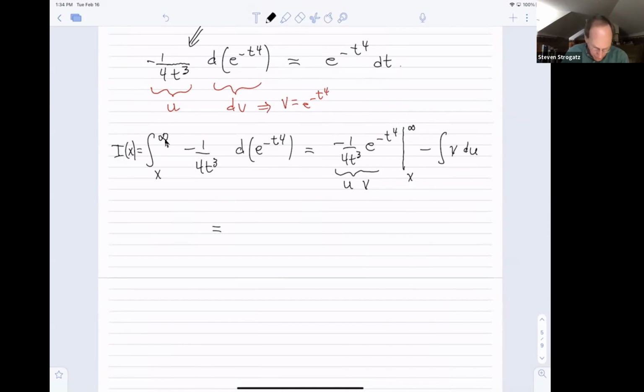And so we're just left with a term 1 over 4x cubed e to the minus x to the fourth. So that's the boundary term. And then, putting in the v du, let's see here. What are those giving me?